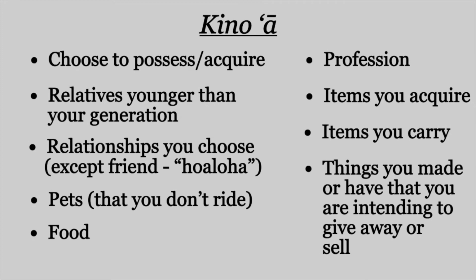Kino a objects are things that you did choose to possess and you acquired. They include relatives younger than your generation, relationships you chose, except for the word friend, ho'aloha. They include pets, food, your profession, other items that you acquire, and items you carry. And finally, they include things that you made or have that you are intending to give away or sell.